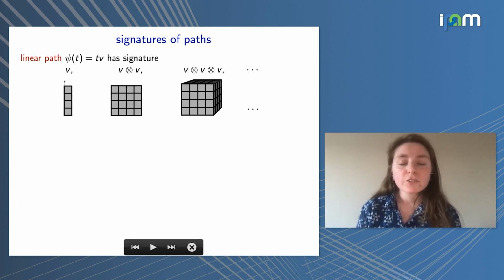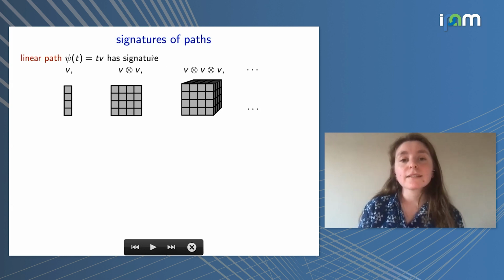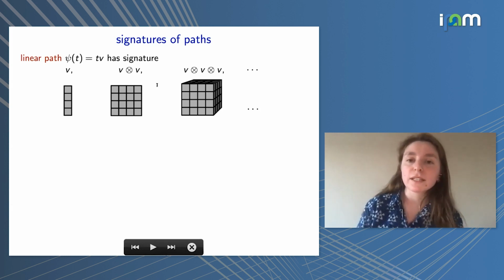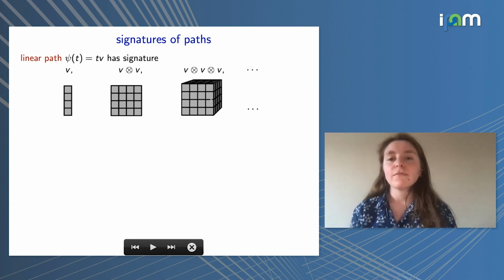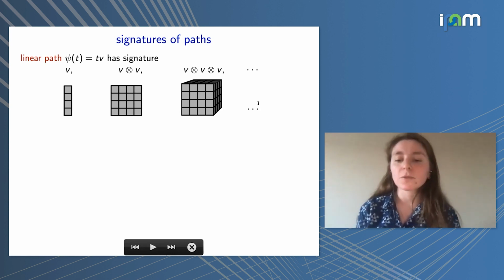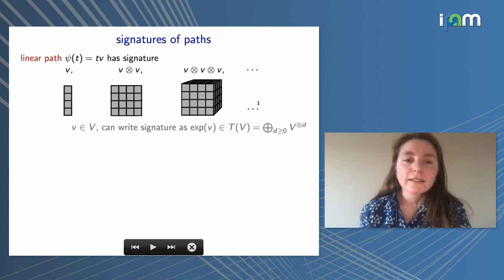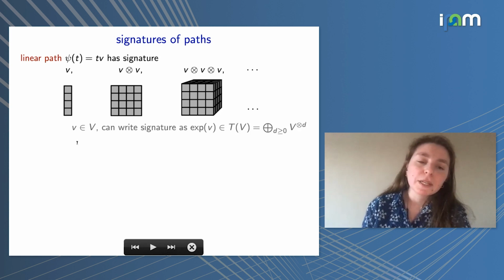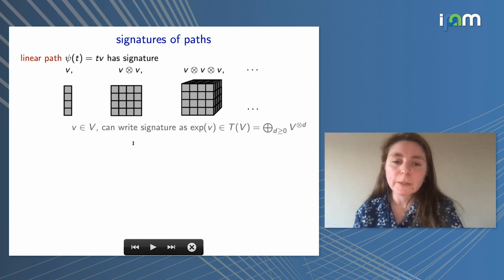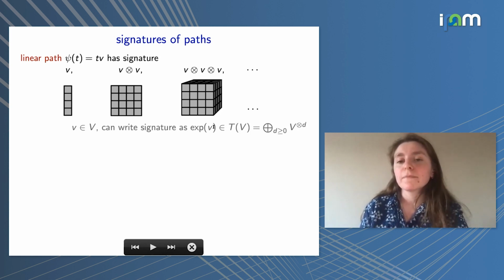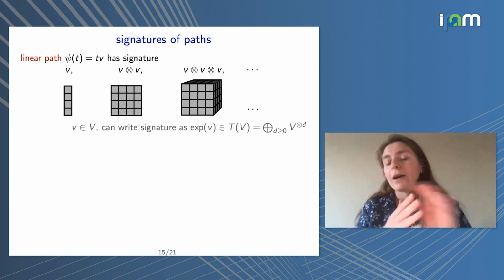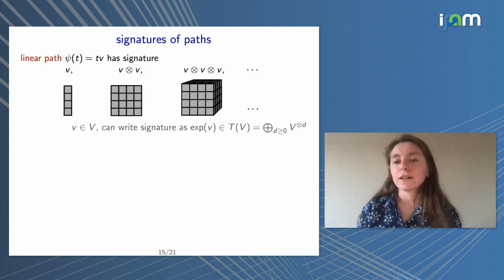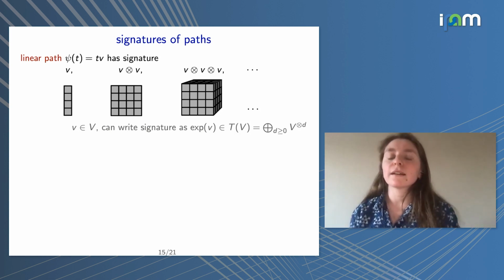The first entry is just the vector V, the second order part is V tensor V, the third order part is V tensor V tensor V, and so on. If we think of V as being a vector in some vector space, then we can write the signature concisely as the exponential of V, as the power series 1 plus V plus a half V tensor V, and so on.